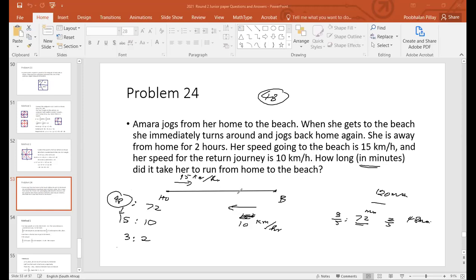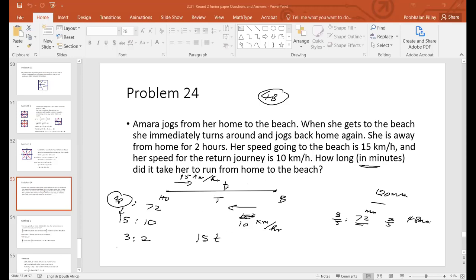Now, suppose you did it in another way. You said, suppose it took me little t hours to get to the beach and capital T hours to return. So it means the distance from home to the beach is speed times time.